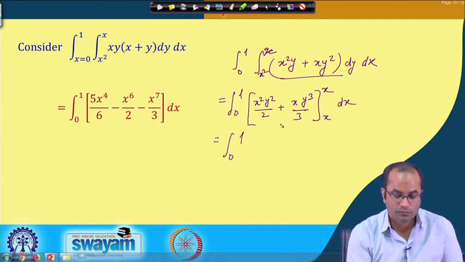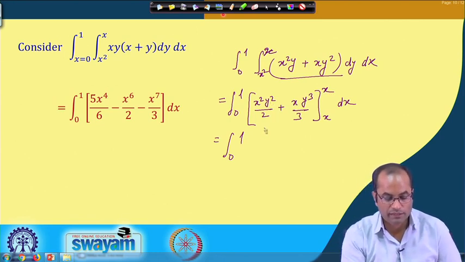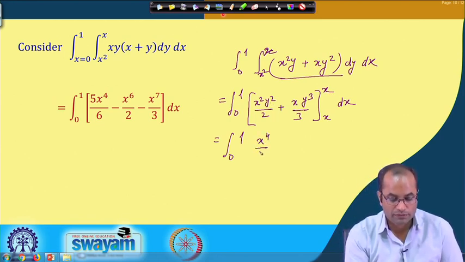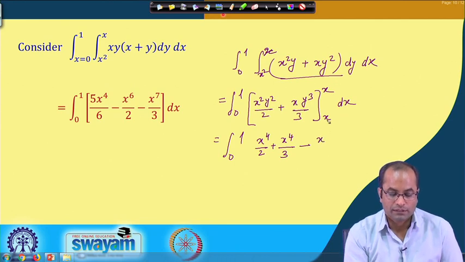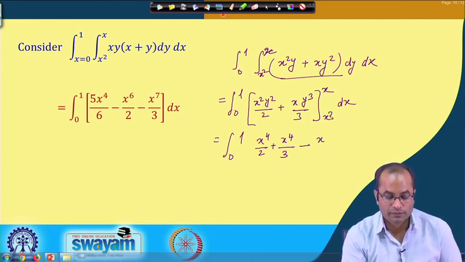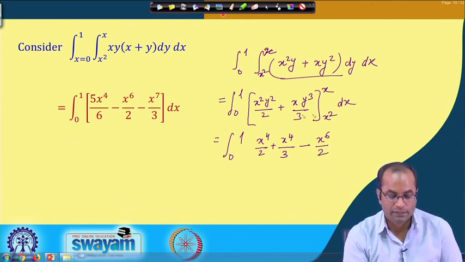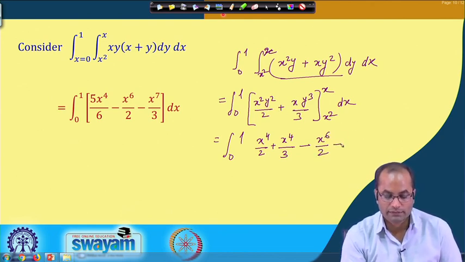So, this will be 0 to 1. When we are putting x there, we will have x power 4 by 2, and then we will have here also x power 4 by 3, because x is substituted for y, and then minus, when we substitute x square, we will have x power 6 by 2, and also x power 7 by 3.